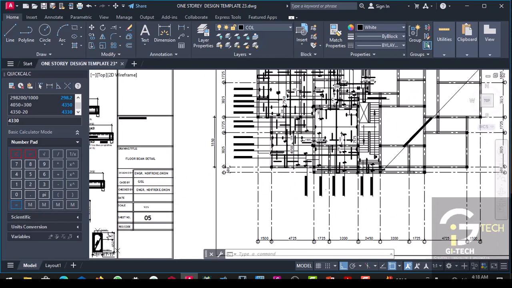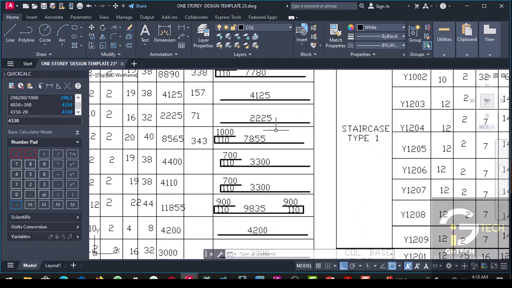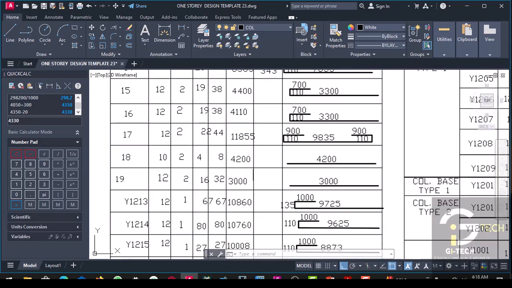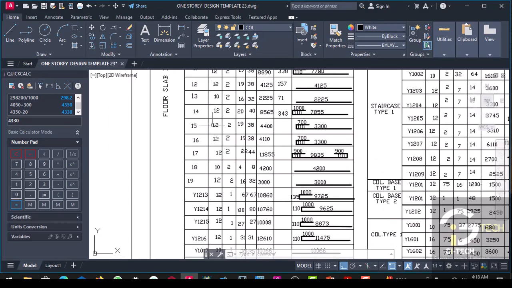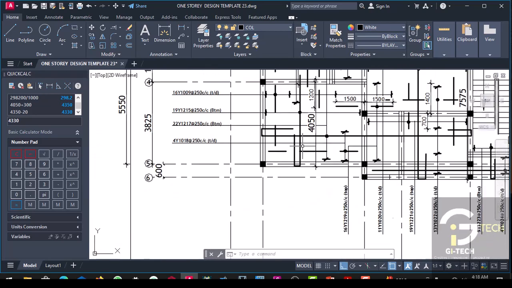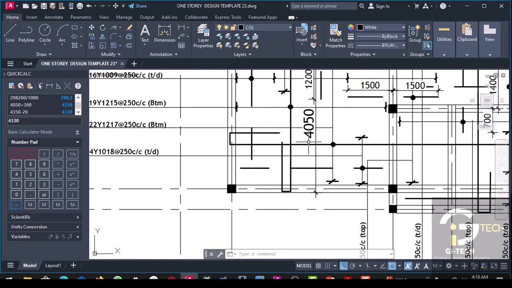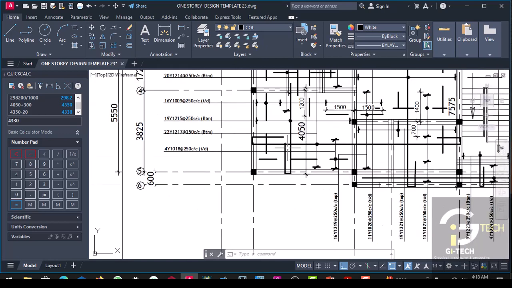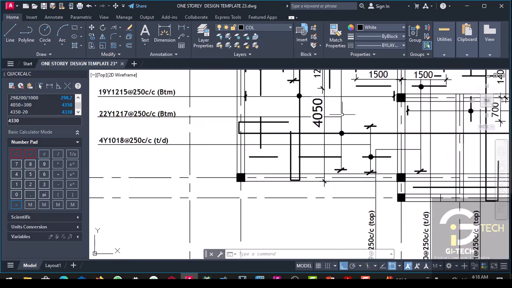It was 4330. Then here we adopt 1000. Now let's calculate 0.5. 405 times 0.15, so we have 60.